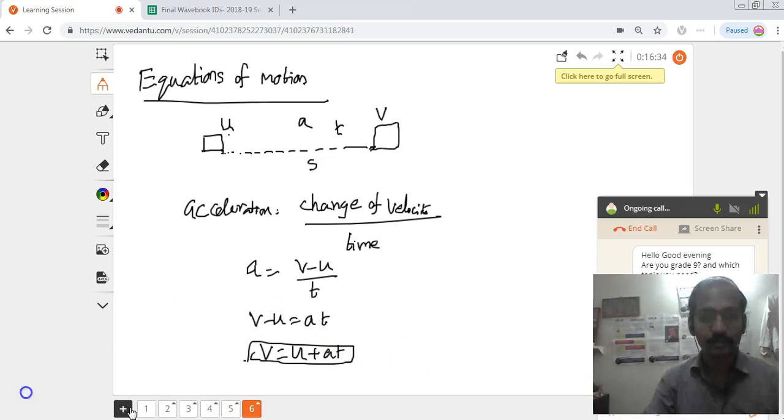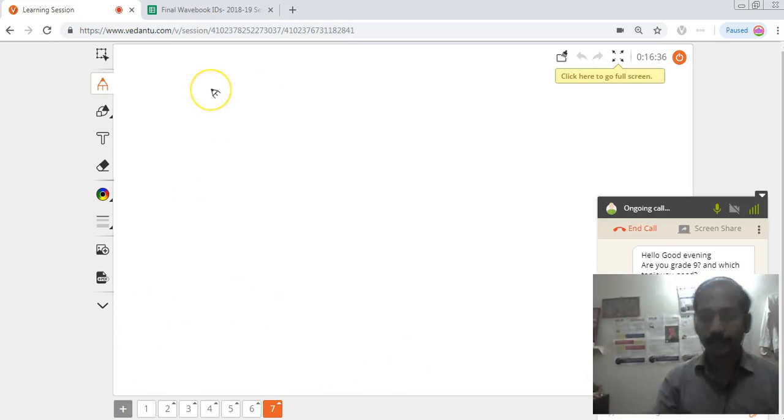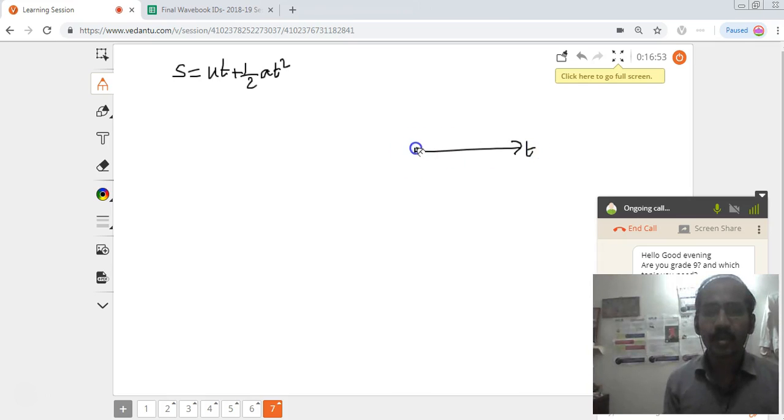Please write it down. Next equation, s is equal to ut plus half at square. This equation we have to prove. On the x-axis time t, on the y-axis velocity v. An object from point A started with initial velocity u.